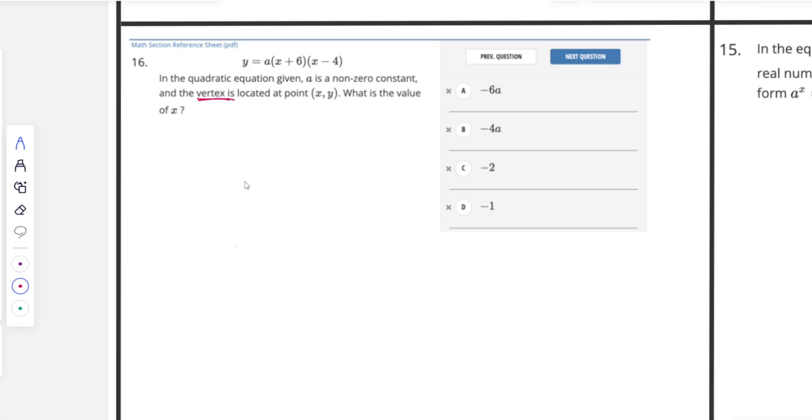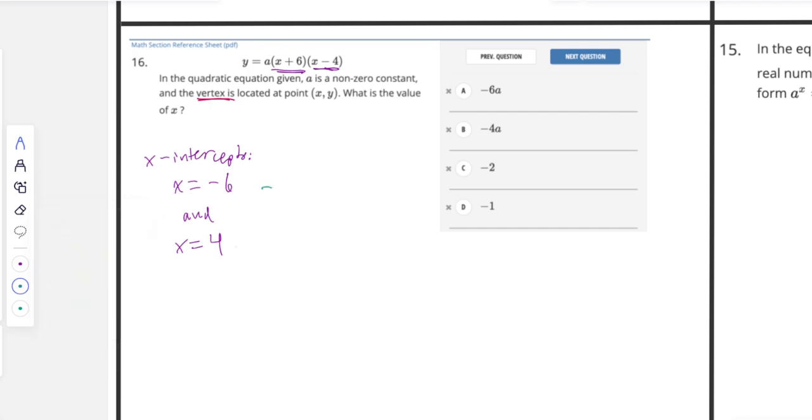Well, I know that the vertex is located halfway between the x-intercepts. So if we're looking at the structure of this function here, we have x-intercepts at the points where x equals negative 6 and x equals 4.